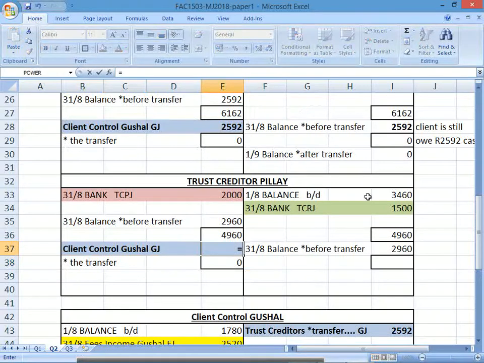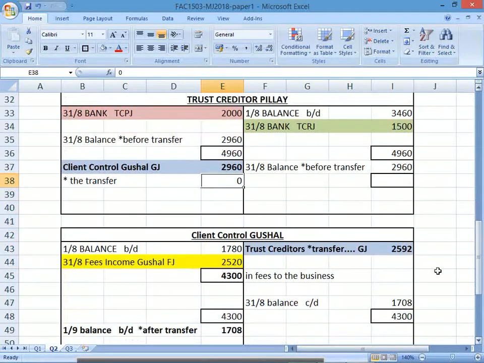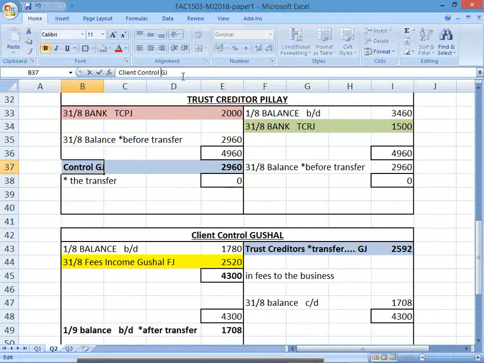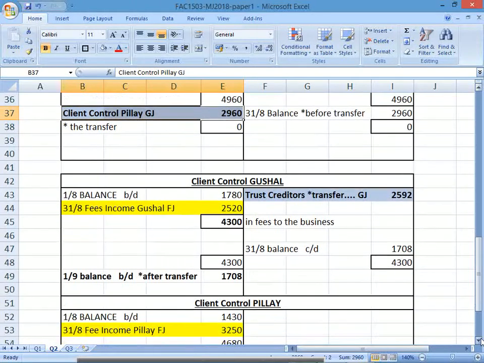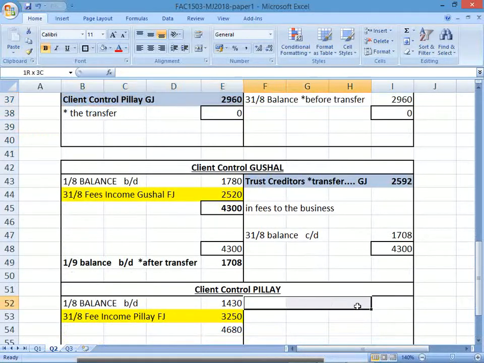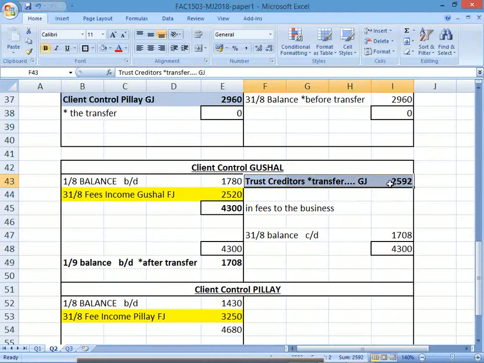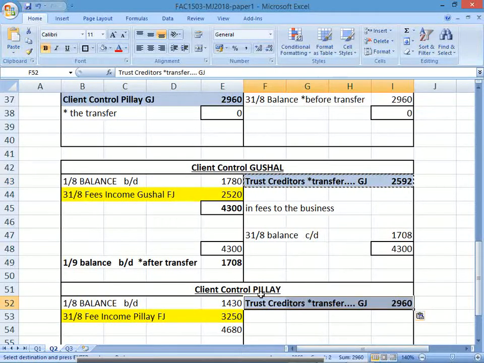That would be the amount that you would transfer, the 2,960. Okay, that is going to be referenced. This is obviously P, not G. Okay, and then in P's control account for his fees, we're going to have the trust creditors.